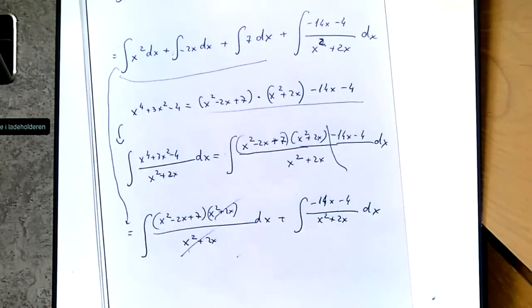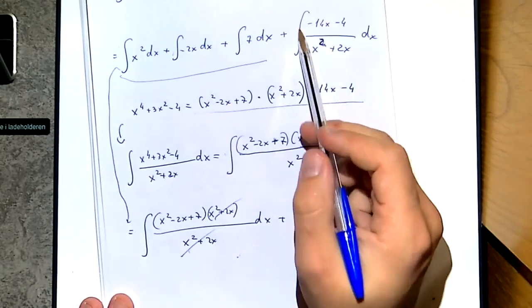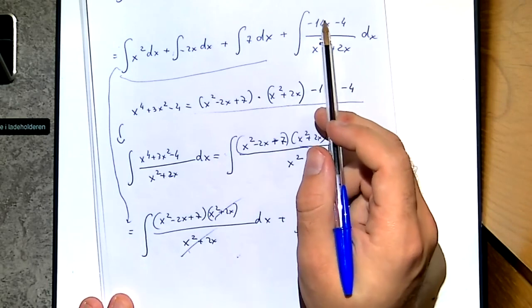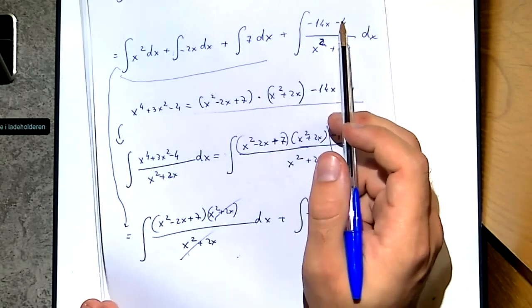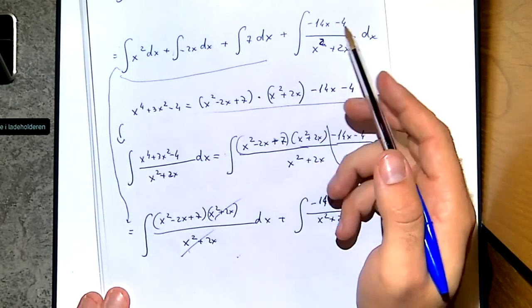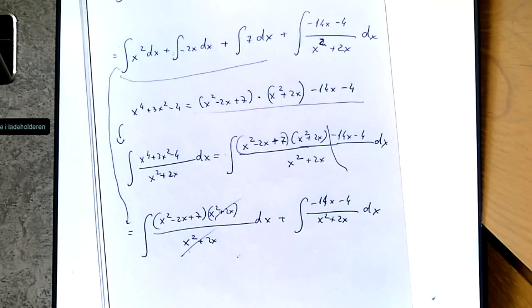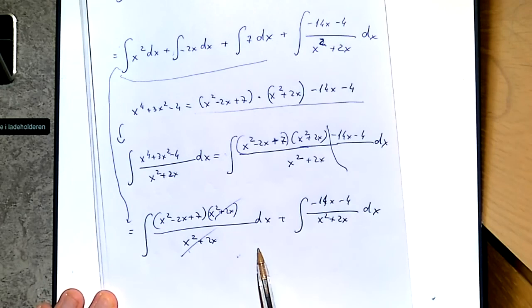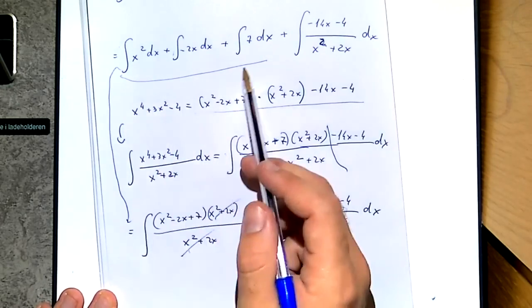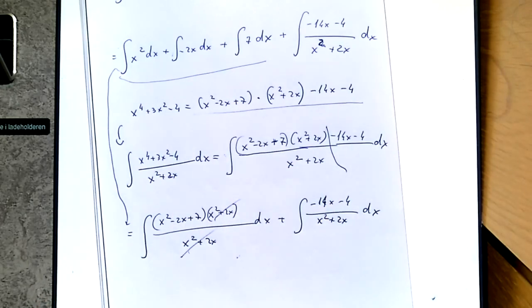I'm struggling for the English word necessarily, but what is left outside the parentheses is called the remainder of the division. This is what's left, just like dividing two numbers. So this is the remainder, and this is the result of the division.